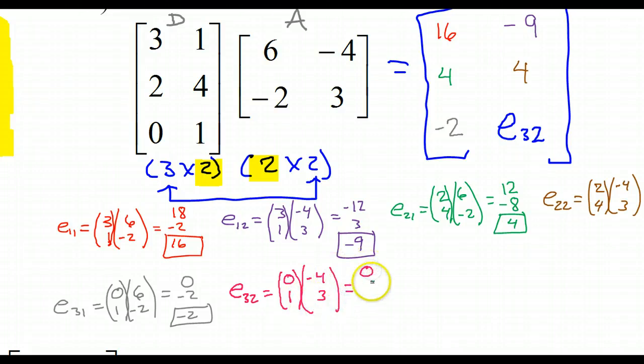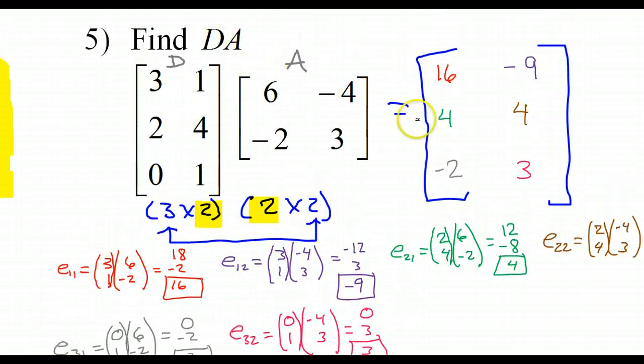So that is 0 and 3, which is 3. Alright, so that's element 3,2. That is it. That is how you find the product of D times A.